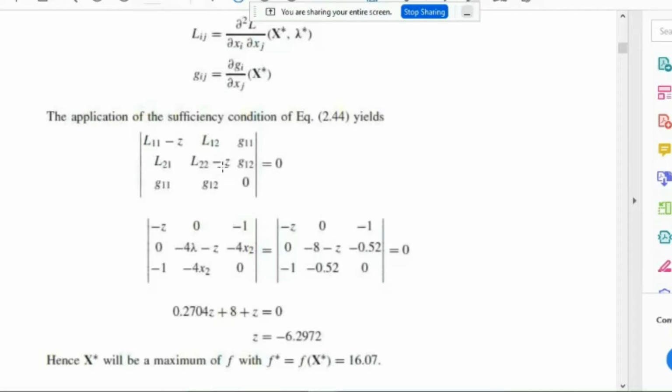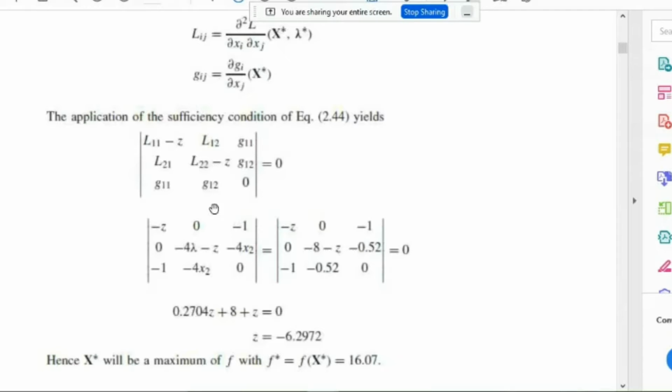L11 means del square L by del x1 square, L22 means del square L by del x2 square, and L12 equal to L21 equal to del square L by del x1 del x2 or del square L by del x2 del x1. Both will be the same. So L11, L12, L22 and L21 can be determined.